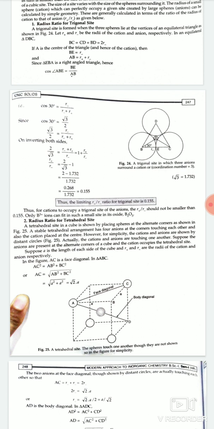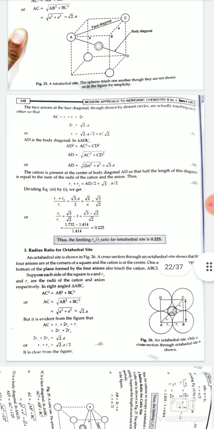In the figure, AC is a face diagonal in triangle ABC, where AC² = AB² + BC², so AC = under root AB² + BC². So under root a² + a² is root 2 a.